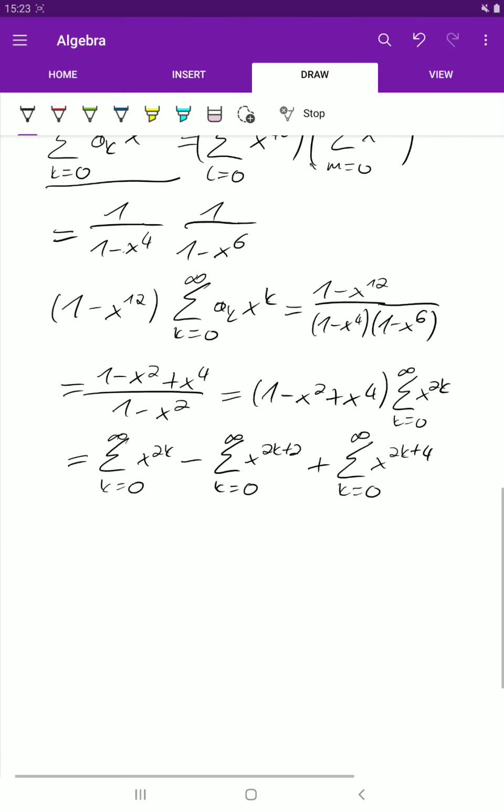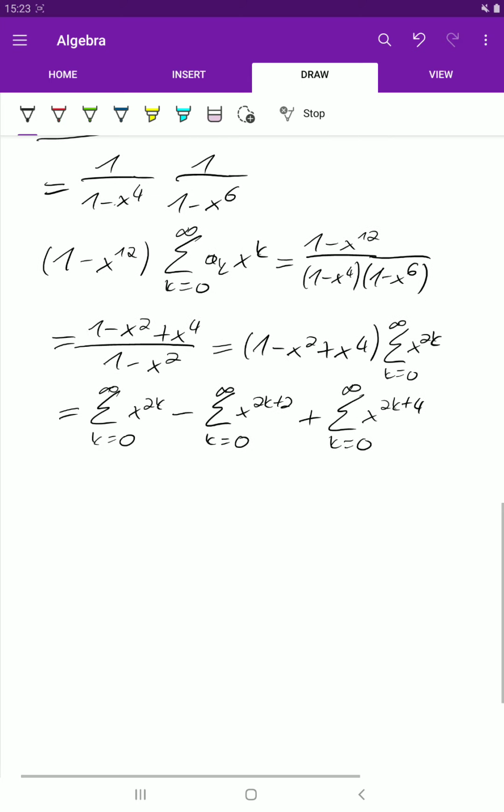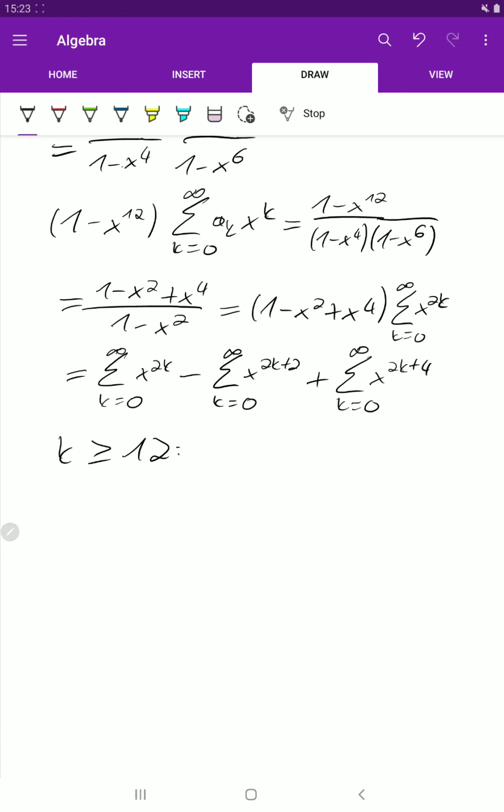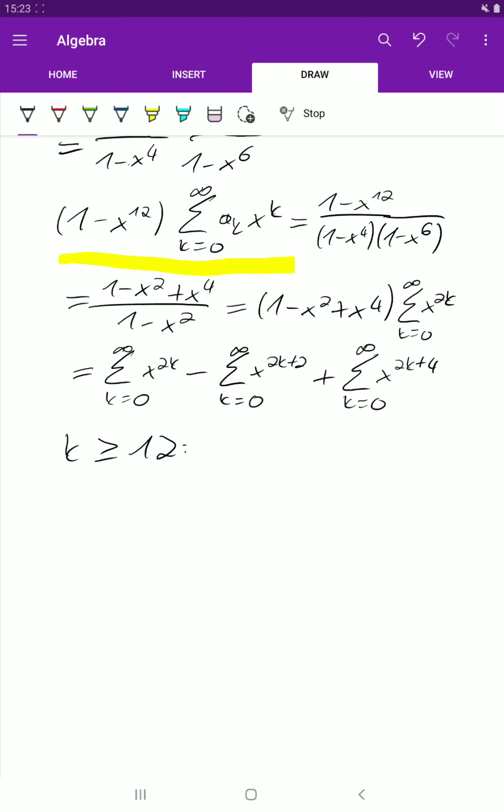And now let's see, what does this give us? So let's say we take k at least 12, then we look at the coefficient of x to the k, so we get a_k minus a_(k minus 12), and this is the same as the coefficient on the right hand side.